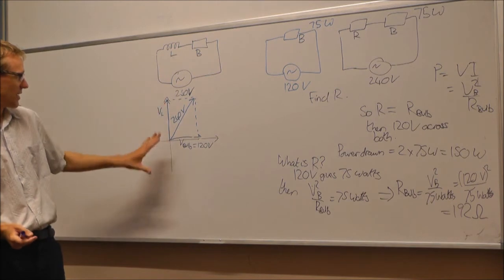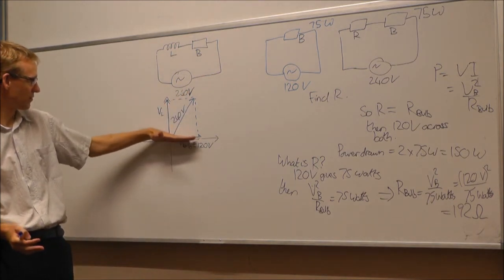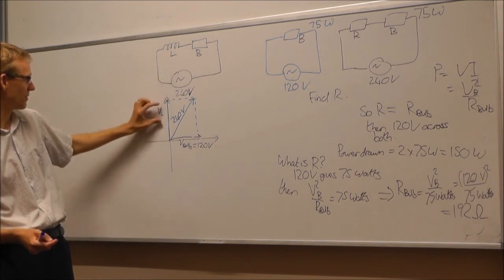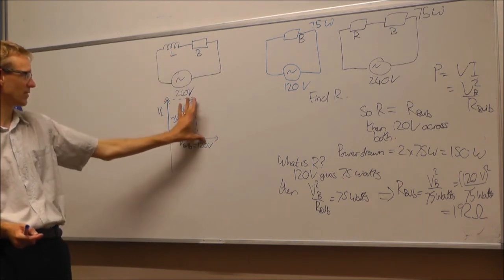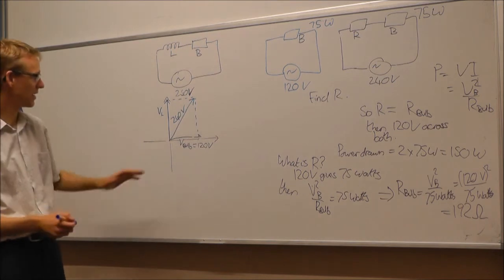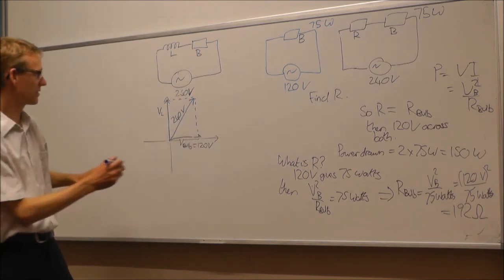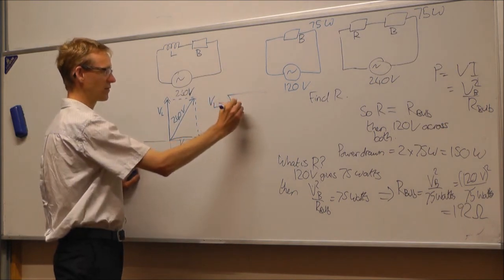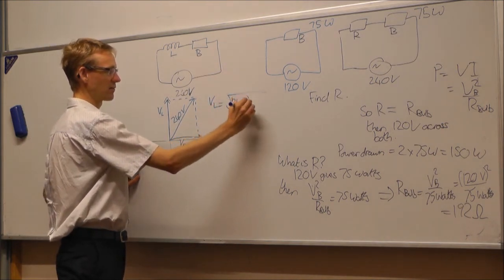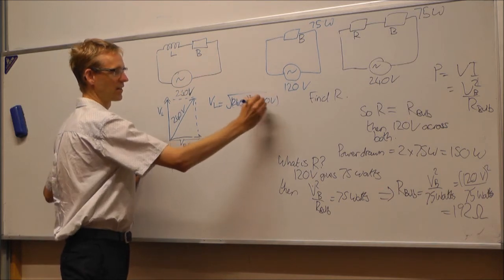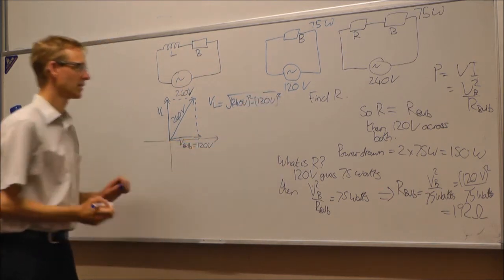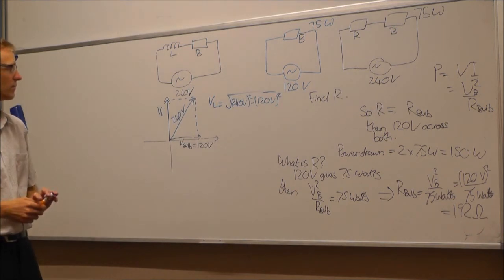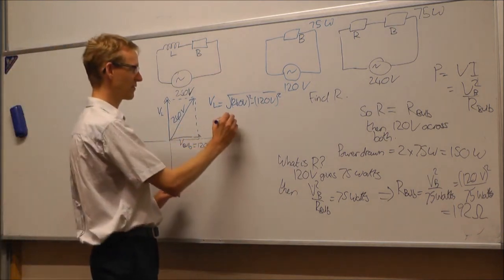Okay, so it's like that. That's 240 volts, that's 120 volts. We want to work out L, which will determine VL. So basically, we want to know what this thing in here is. That's just Pythagoras. So VL is the square root of 240 volts squared minus 120 volts squared, which is 207.8 volts.